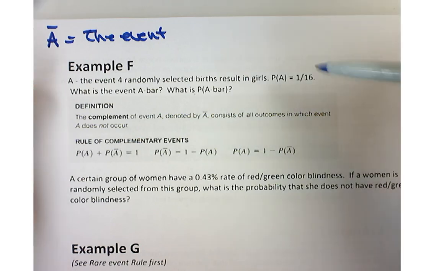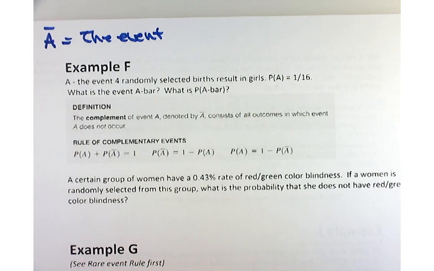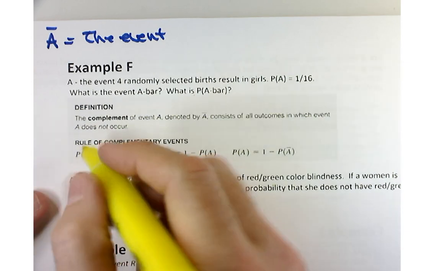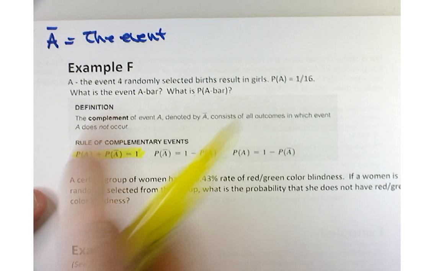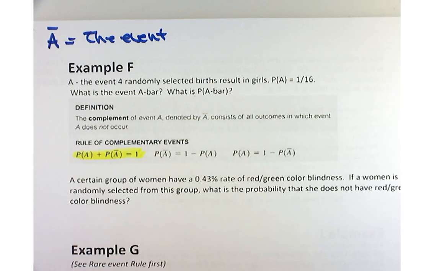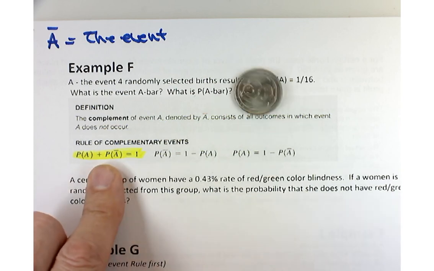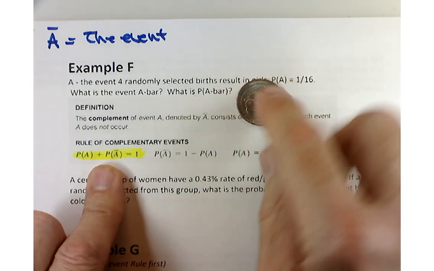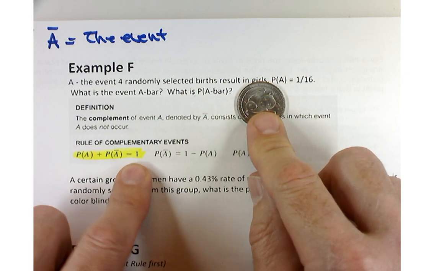So let's apply that to this down here. And it's nice to keep in mind something like this. The probability of A plus the probability of A bar, when we add those up, we get 1. So what that's saying is that the probability of getting a heads or not getting a heads, when you add those two together, you're going to get 1.